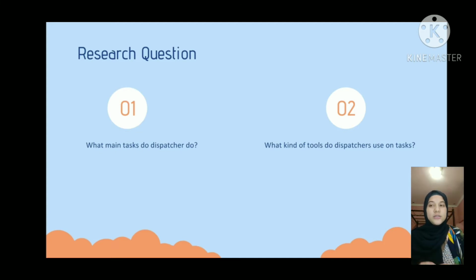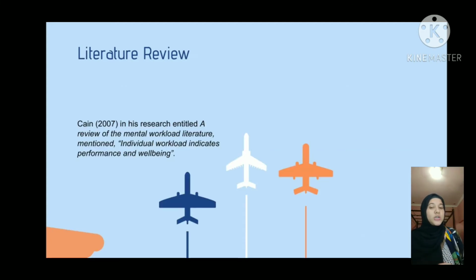Here, for the literature review, the researcher cited the research from Chin 2007 in his research entitled Review the Mental Workload Literature, which mentions that individual workload indicates performance and well-being.